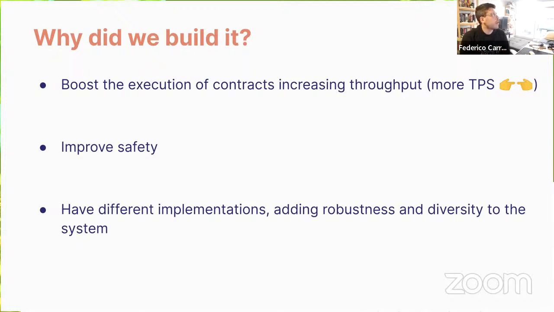We saw that the code base by Cairo Lang, the code base by StarkWare, was really interesting, but we thought a reorg of the whole code would be good, not only for performance, but if we ever wanted to change the code base. If it was in Rust, it would be safer, it would be easier to iterate on, and that would add robustness. So from our point of view, performance was important.